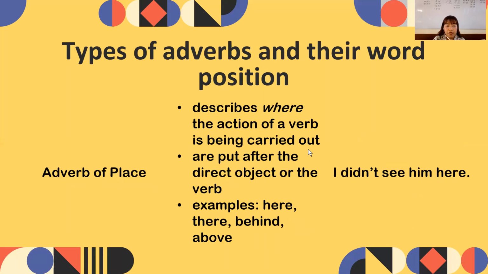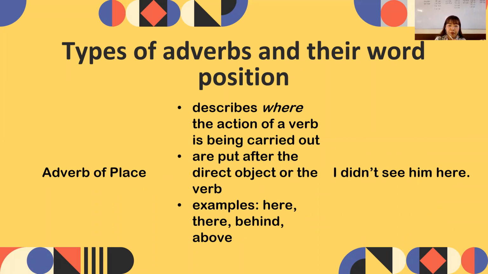So lastly, we have your adverb of place. Your adverb of place describes where the action of a verb is being carried out. So kompleto na. Adverb of manner, we have there the how. Adverb of time, when or how long. We also have your adverb of frequency, how often. And we also have your adverb of place, which answers where the action of a verb is being carried out.